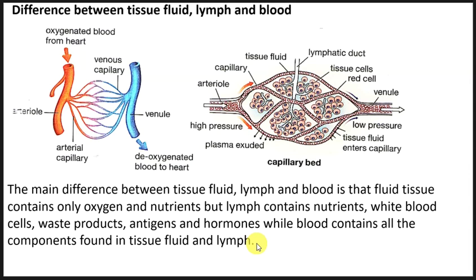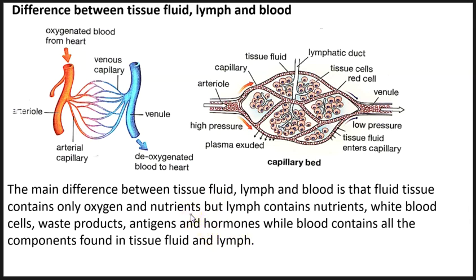Now blood itself will contain all the components that are found in the lymph and also in the tissue fluid. So in short, blood is like a universal set, and the tissue fluid is a subset of the lymph.